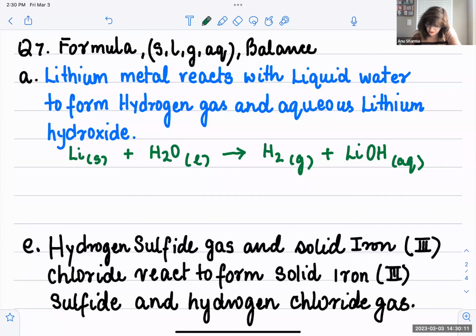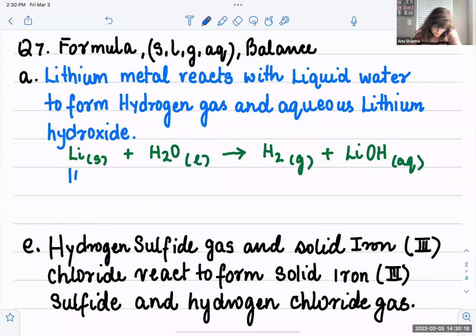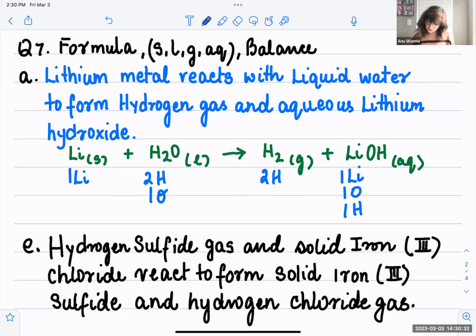So let's look at what is there. We have one lithium. We have two hydrogens. We have one oxygen. We have two hydrogens, one lithium, one oxygen and one hydrogen. Wait one second.